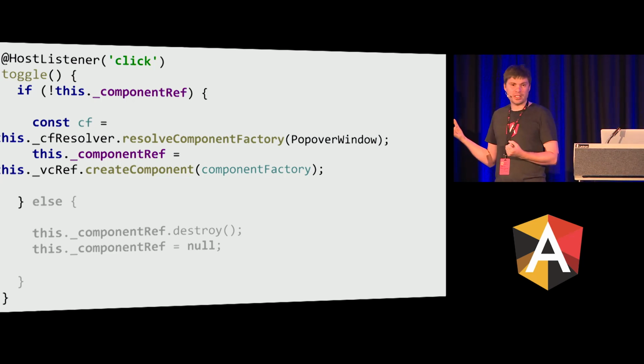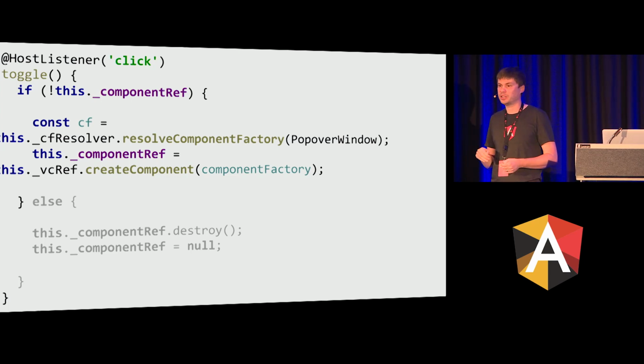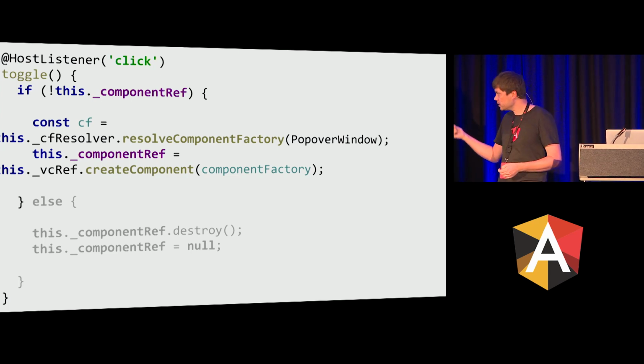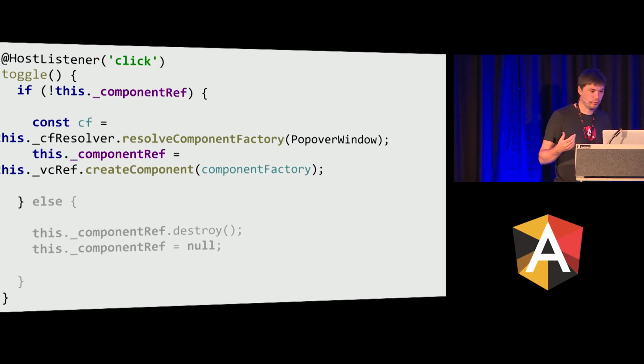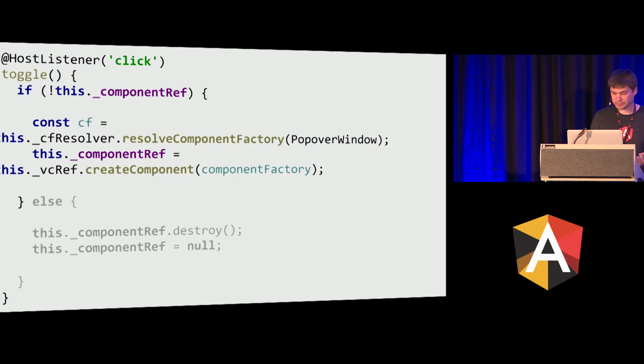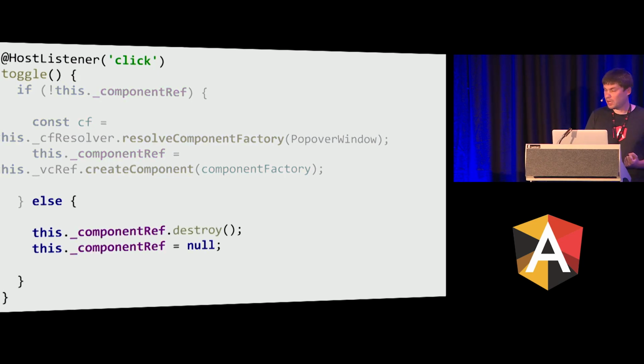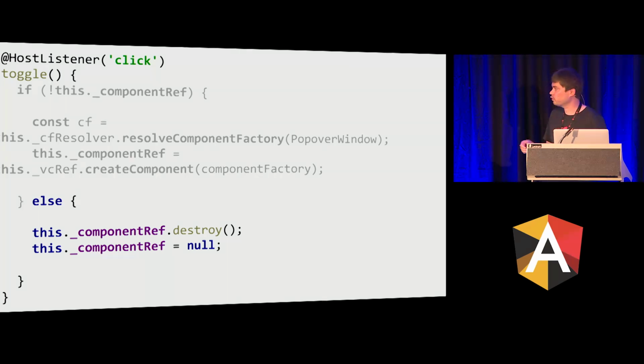But ultimately, it's a very simple process. The bottom line here is that I can have a component type and turn it into a view that I can insert dynamically, right? And this is what the router does. This is what all types of widgets do as well. Destroying things is also very simple. I can call destroy on what was returned from create component.